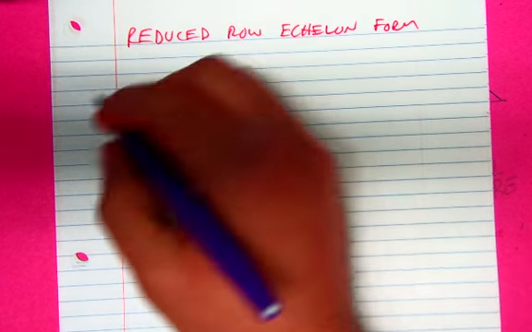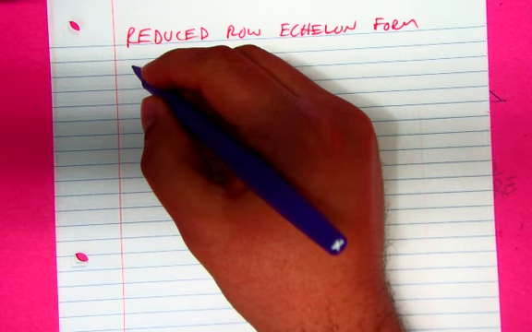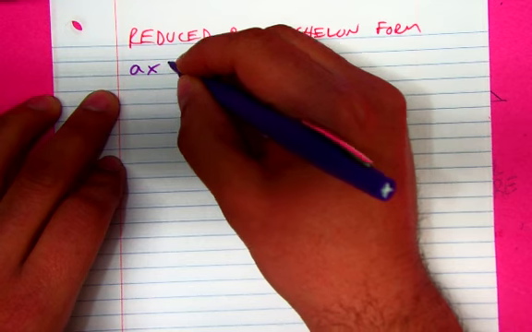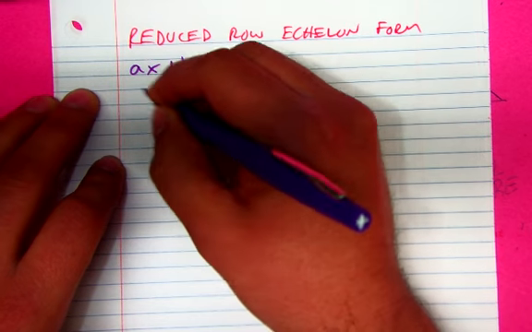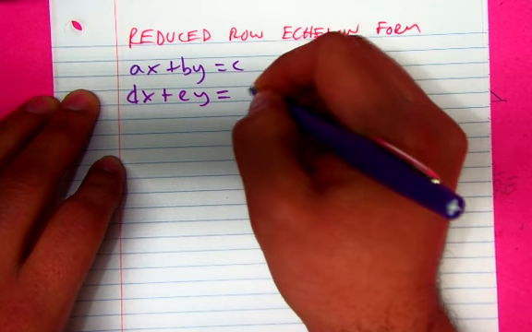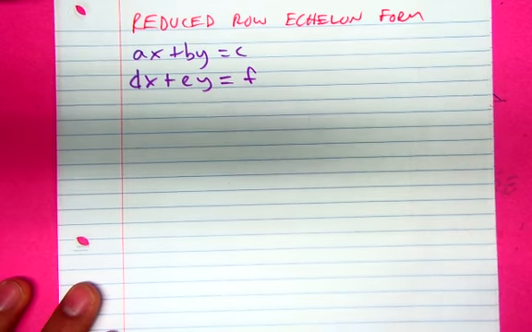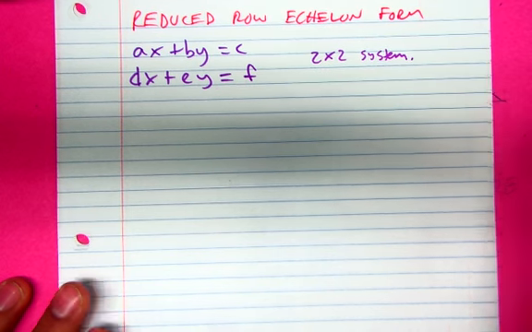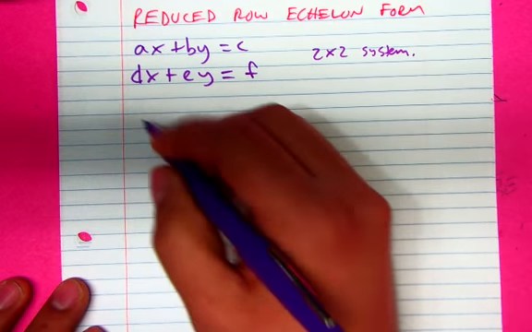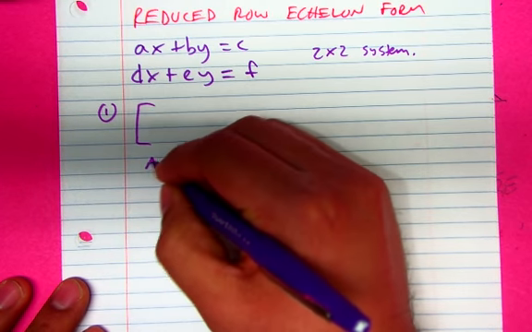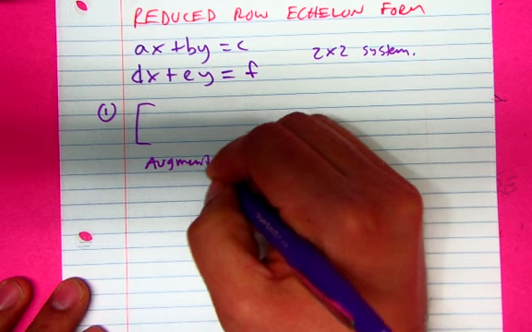Okay, so let's take a system like AX plus BY equals C and DX plus EY equals F. So here's your ordinary 2x2 system. Okay, the first thing you do is you create what we call an augmented matrix.